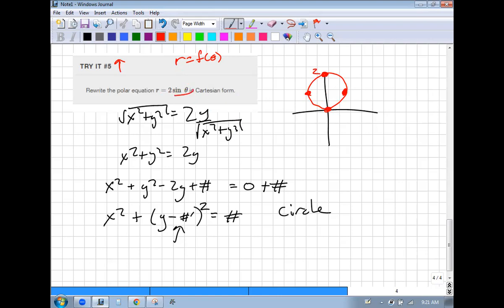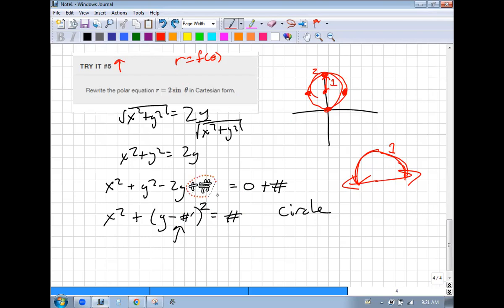All right, as theta goes from 0 to pi, right, sine is going from 0 up to 1 and down. So if you take the values 0 up to 1 and back down to 0 and multiply them by 2, basically you're getting a circle here. Oop, the circle of radius 1, right, but it's been moved up. So this would have to be a 1 here.